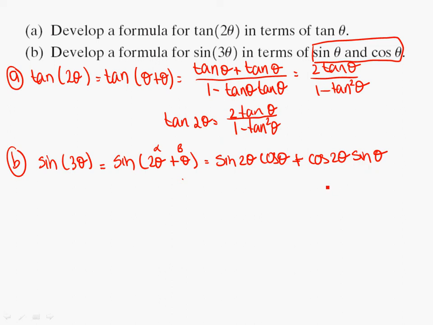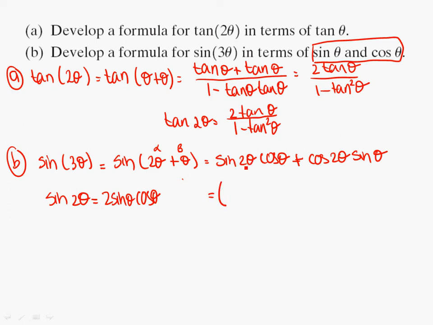So now I have some choices here that I can make, not so much for the first one, but we just saw that the sine of 2 theta is equal to what? 2 sine theta cosine theta. Alright, so let's plug that in here.